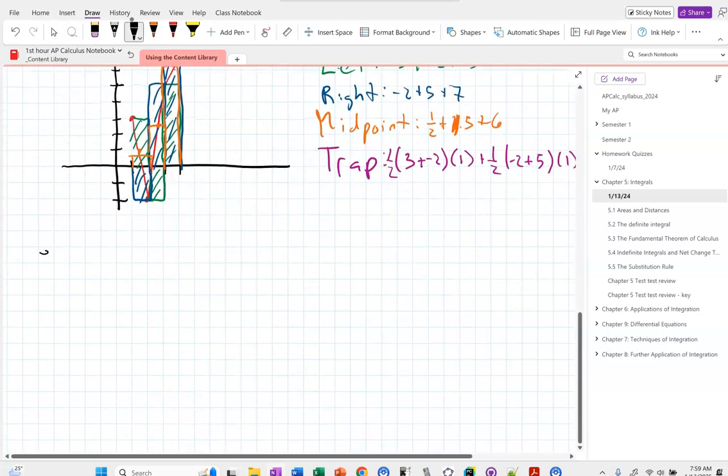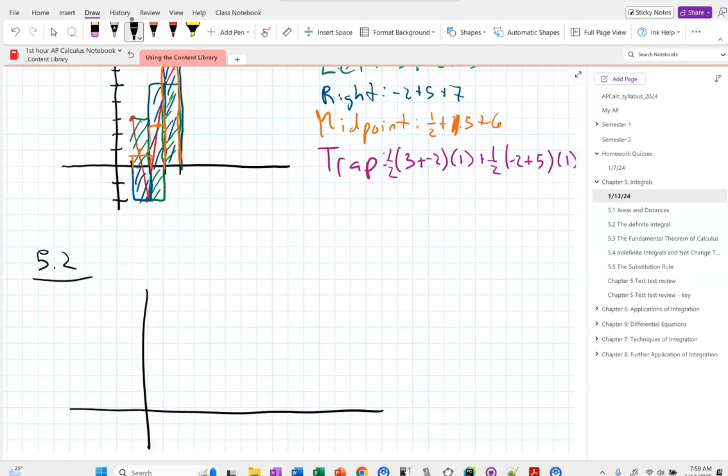So what we did in 5.2 then is we said, okay, what if instead of having a curve that's piecewise linear, or a curve where I know just specific data points, I have some smooth curve and I want to find the exact area underneath it?